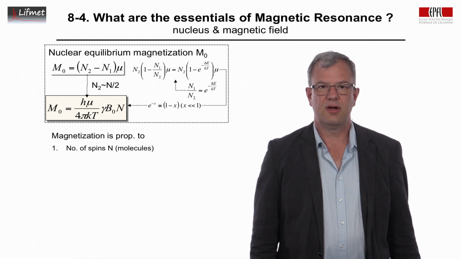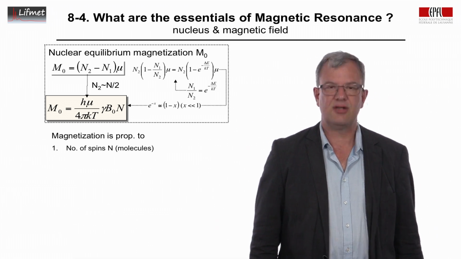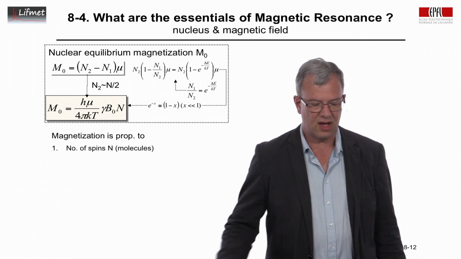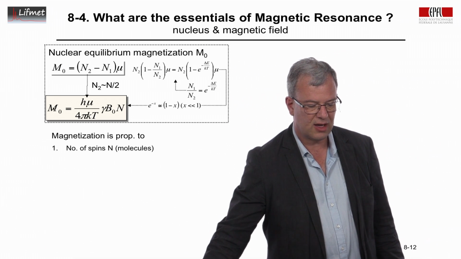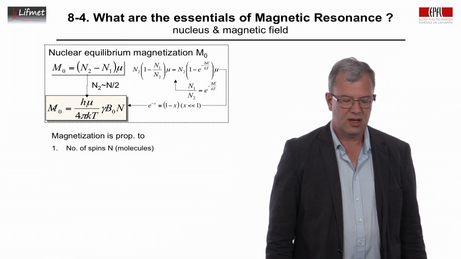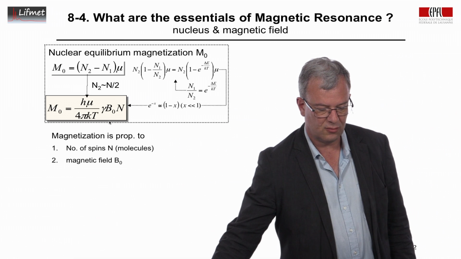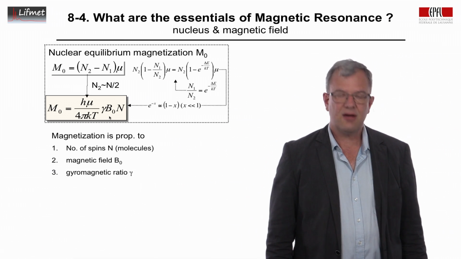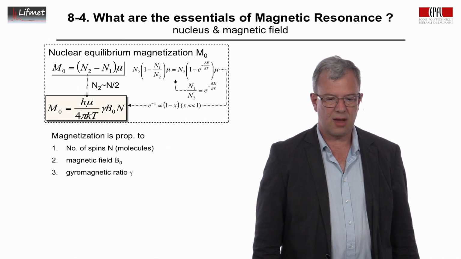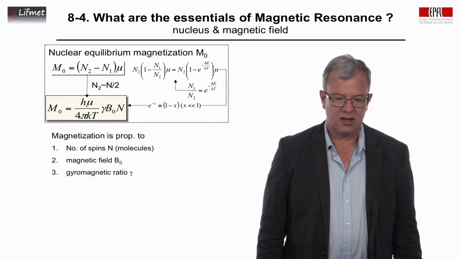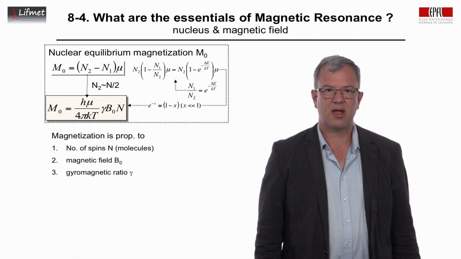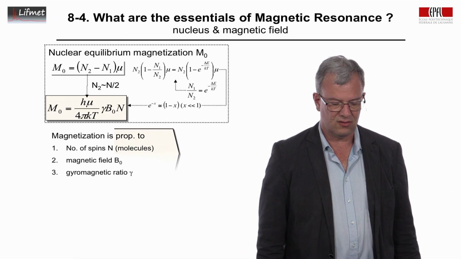The number of spins, which is essentially the number of molecules: if we increase N, then the magnetization increases. If we increase the magnetic field B0, then the magnetization increases. If we increase the gyromagnetic ratio gamma, then the thermodynamic equilibrium magnetization increases.